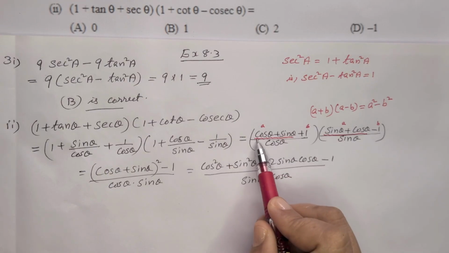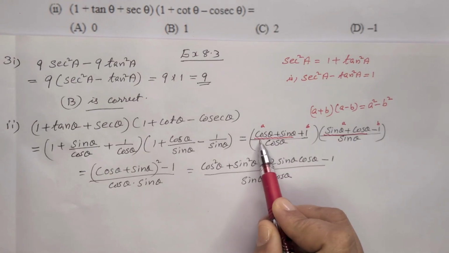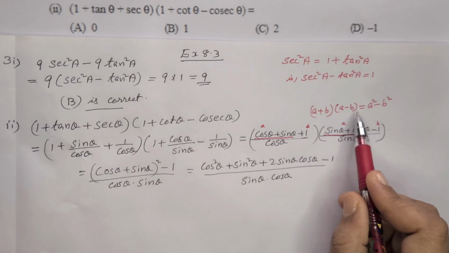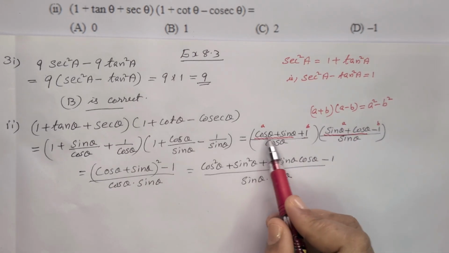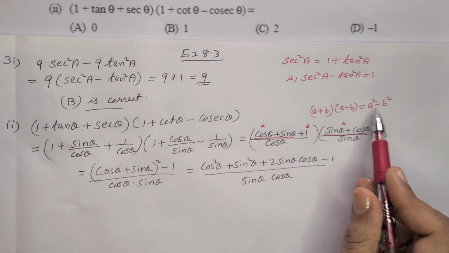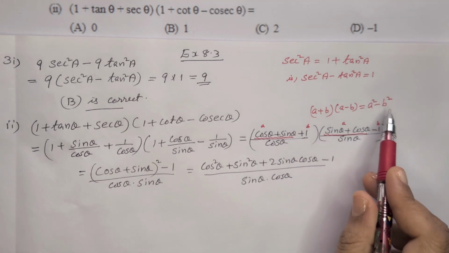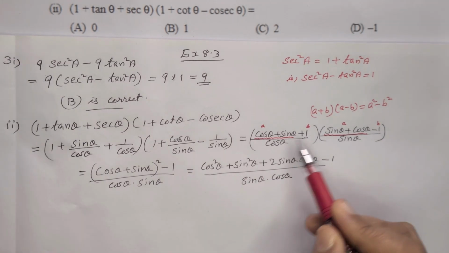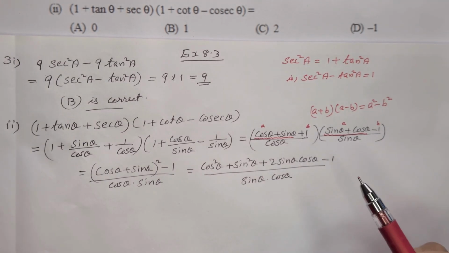Here once more we are taking cos theta plus sin theta as a, and the second term as b, which is 1. So a plus b into a minus b is a square minus b square, that means cos theta plus sin theta the whole square in place of a square, and b square also is equal to 1.